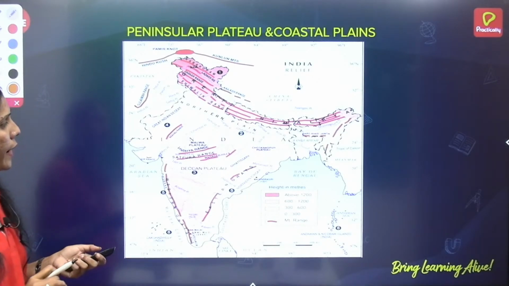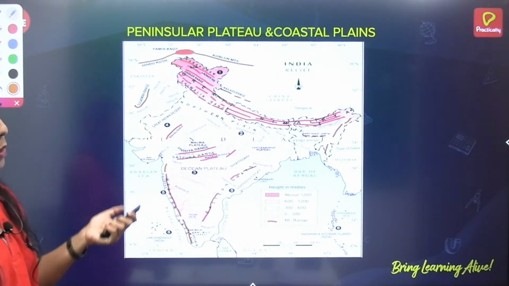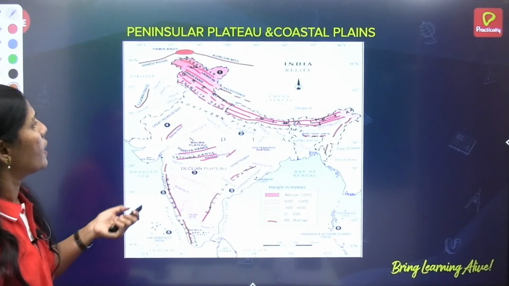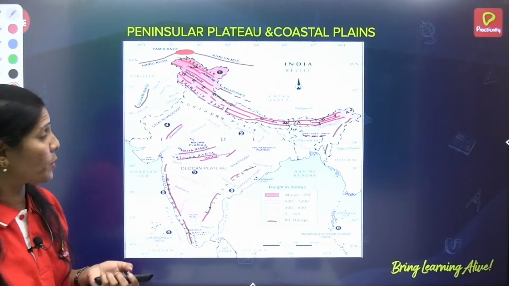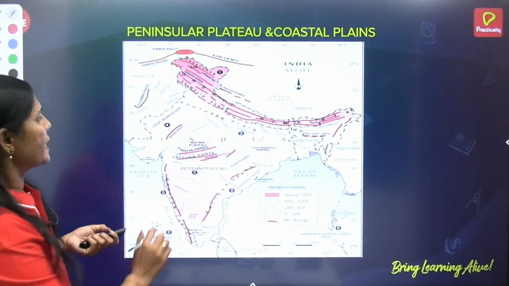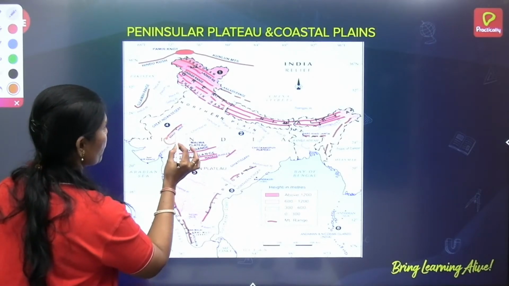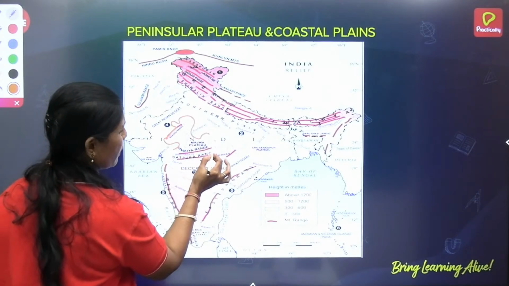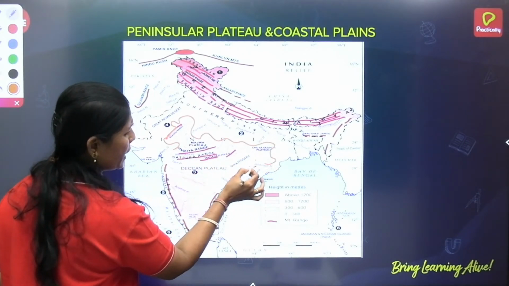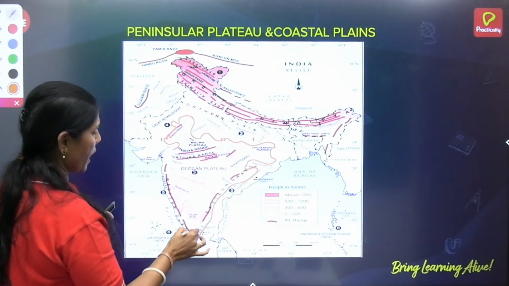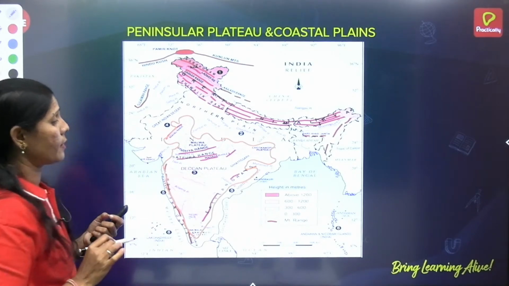Next, let us have a discussion on the different types of landforms. Now let us see some of the plateau regions. What is the difference you find between the plateau and the coastal plains?